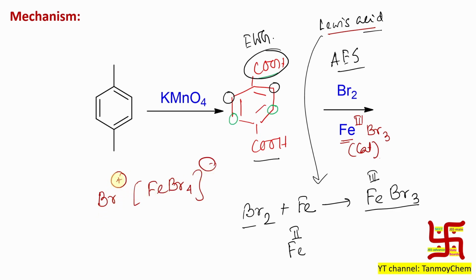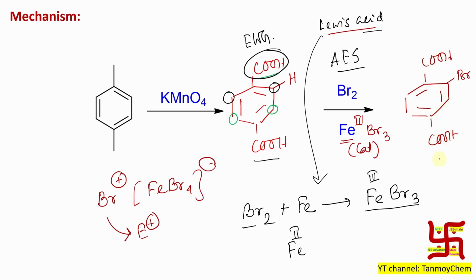Positive charge means electron deficiency, so this Br+ acts as an electrophile, and this electrophile replaces any one of the protons. The 4 protons are equivalent, and it produces this monobromo derivative, and obviously along with this product, one equivalent of HBr is produced. Okay, so in this way this is actually the product.